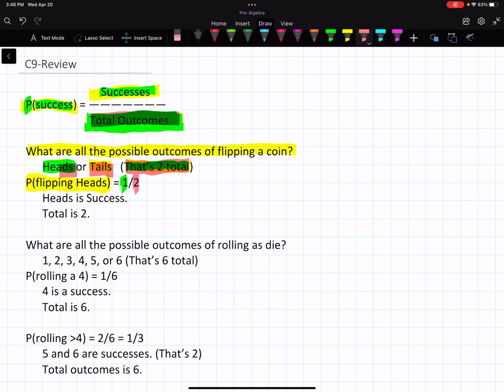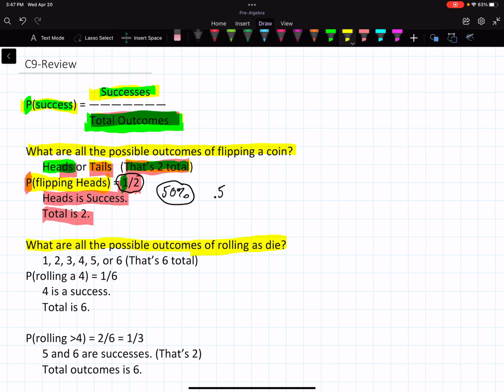So our probability of flipping heads is 1 over 2. Okay, so heads is our one success, our total is 2, and just knowing our fractions, we know that 1/2 is 50%. So both 1/2 and 50% would be valid ways to answer this problem, or also you could use a decimal 0.5.